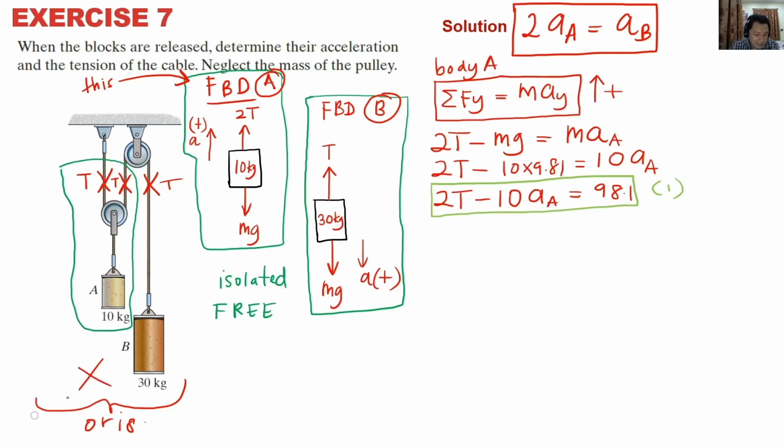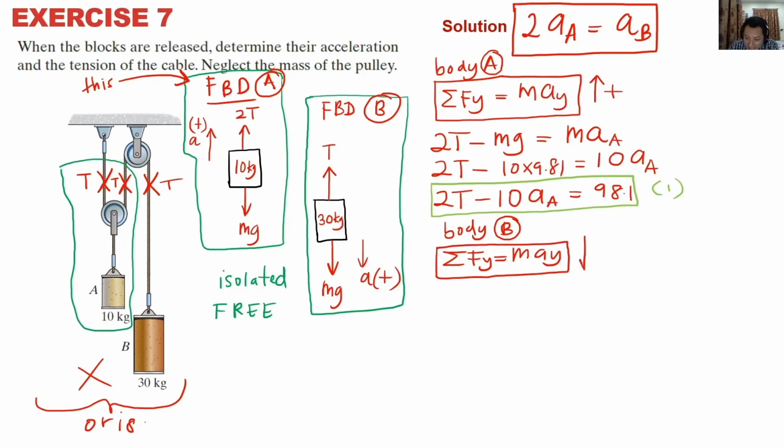Now, finally, look at body B. This was body A. Now look at body B. So this is very important. Summation Fy sama dengan MAY.